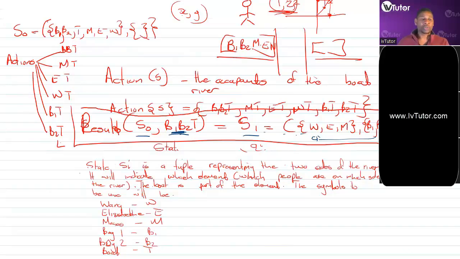Right. So we have discussed the actions, we have described the actions. We know what our actions are, these symbols have already been defined. So this is how it is going to work.